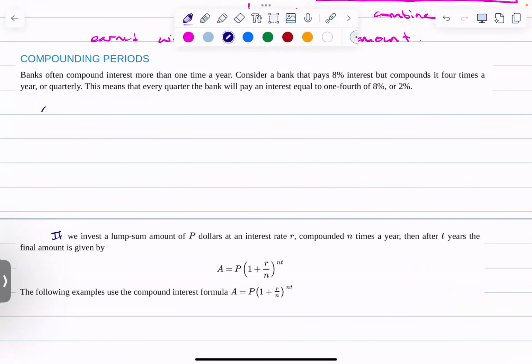Some common compounding periods or frequencies. I'm going to call them frequencies, just because the period to me is the length of time, but what we'll be interested in is how often we are compounding.